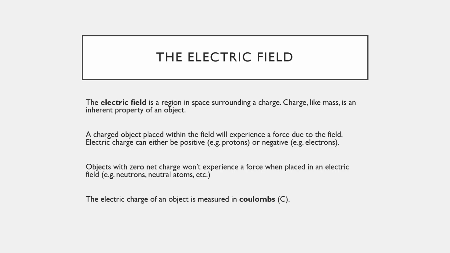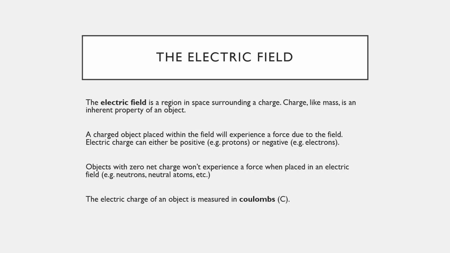Charge is the property that reacts to the field rather than mass. So even if an object has mass and you put it in an electric field, if it doesn't have any charge, like a neutron, it won't experience a force. The electric field exerts a force on objects which have a charge.